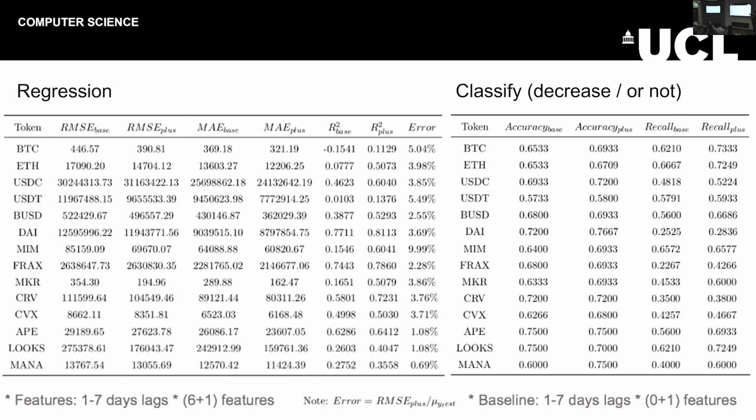And you can see here they improve the accuracy as well as the recall, because the negative trend is very important. Generally, the result improved by about 5%, and you can see we can control the error within 5%, and the accuracy is about 60 to 70%.